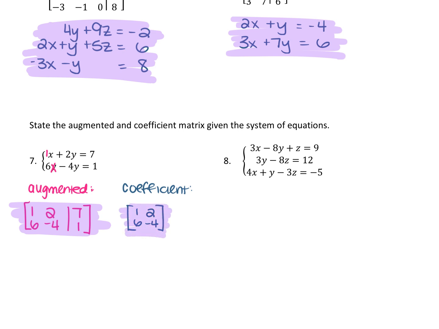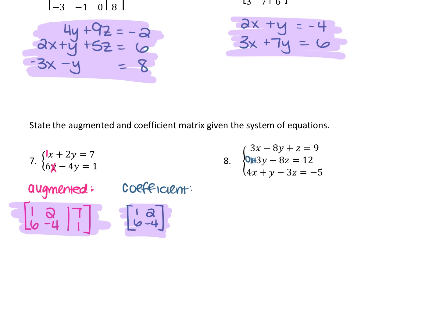For number 8, you're given the system 3x minus 8y plus z is equal to 9, 3y minus 8z is equal to 12, and 4x plus y minus 3z is equal to -5. Now you're missing the x in that middle equation, so you can add in a 0x plus 3y minus 8z is equal to 12. That's fine.